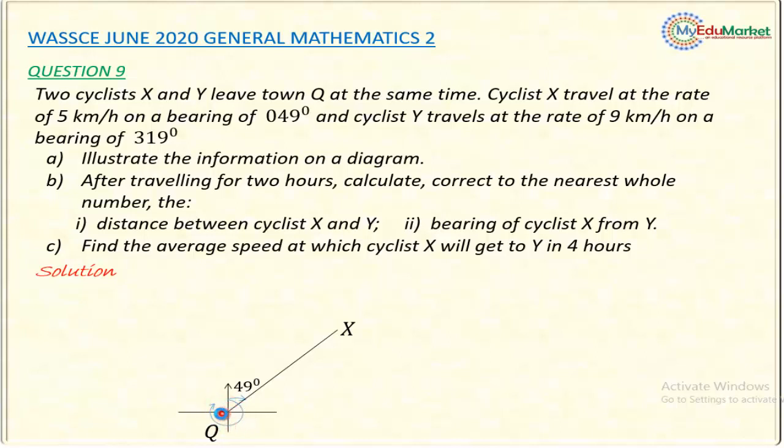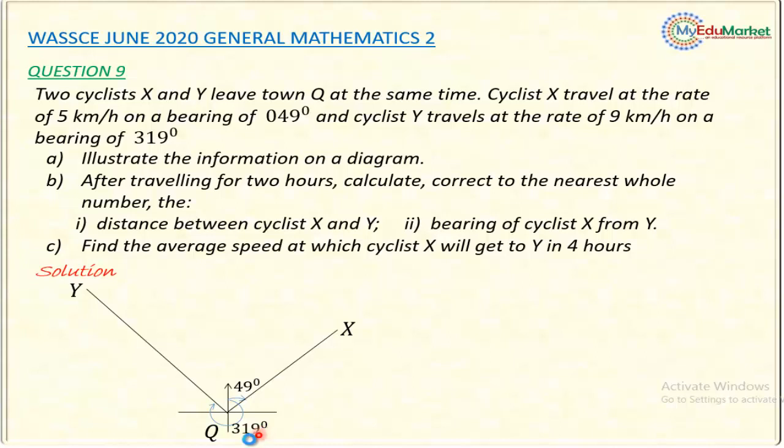It's bigger than 270, so it will be somewhere here, starting from here and going down, 319. So the direction he takes will be somewhere like this. Let me draw a line. This is the direction that cyclist Y takes, and this angle is 319 degrees.